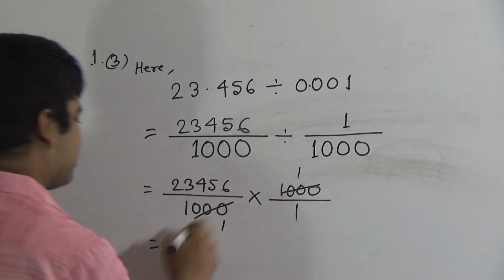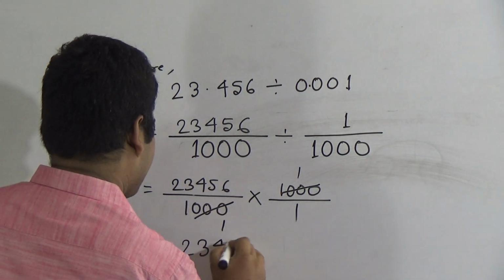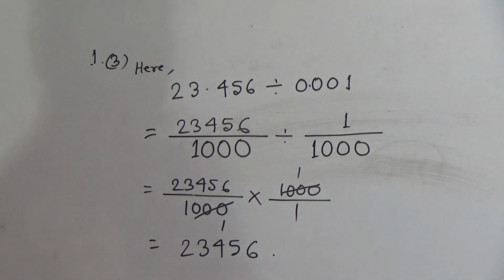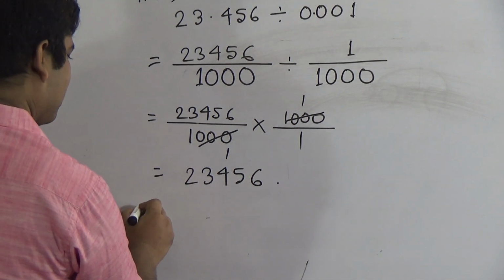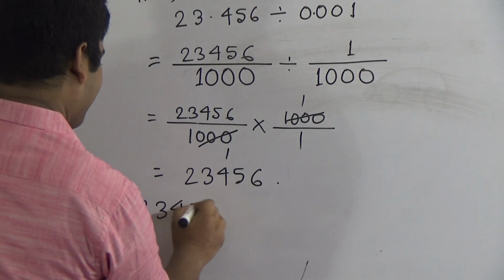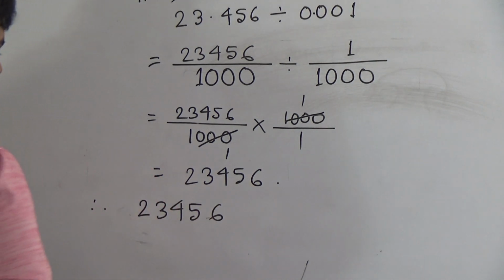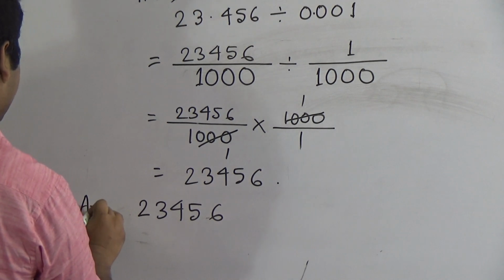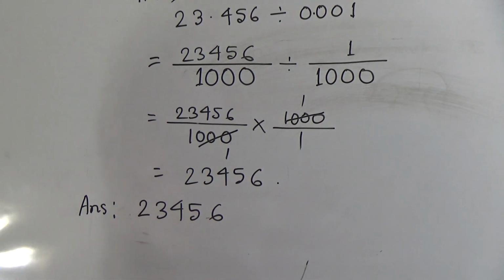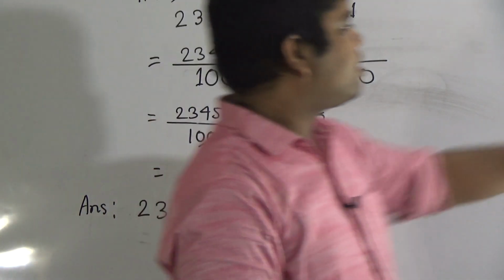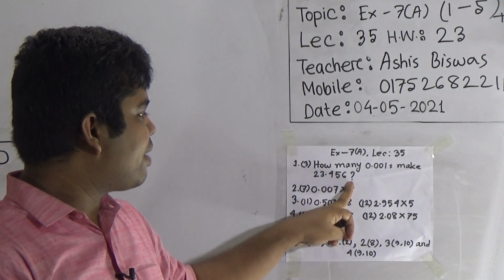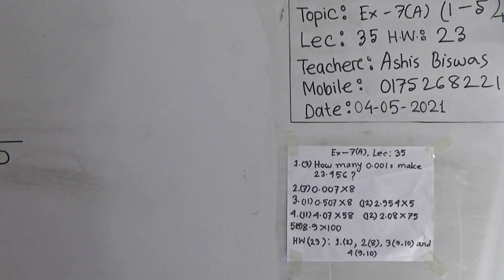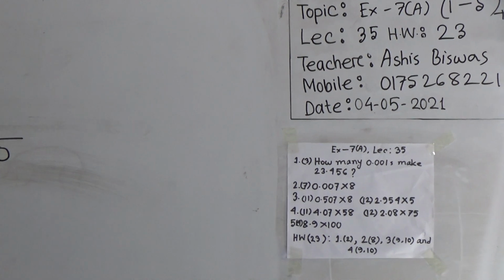So we multiply this and we get 23,456, and it is the answer. No need to write anything else. This is the answer. Okay, that means how many 0.001 make 23.456? The answer will be 23,456. So question number 1 is done.